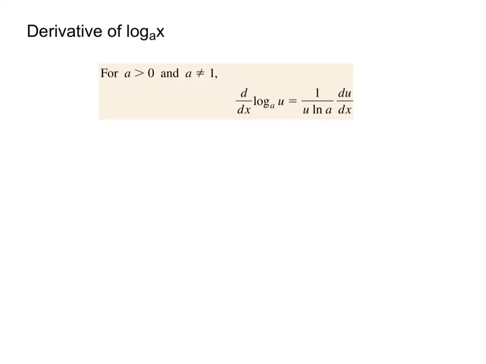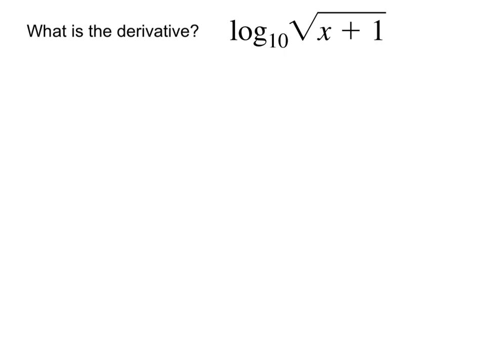So let's see if we can use this one. What is the derivative of log base 10 of the square root of x plus 1? Well, it's equal to 1 over x, but it's not just x this time, it's this whole function, the square root of x plus 1.